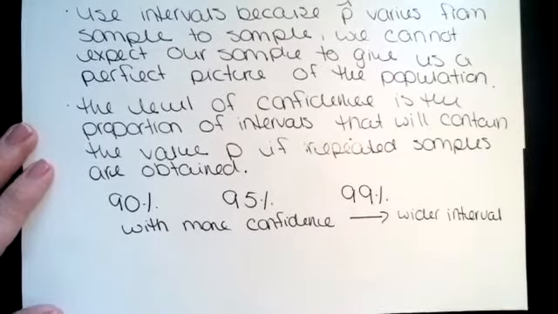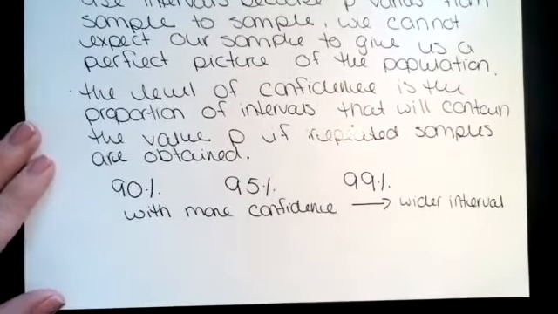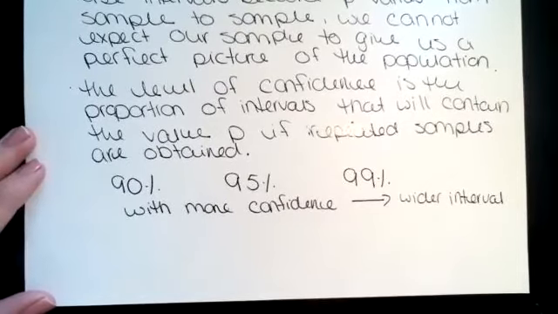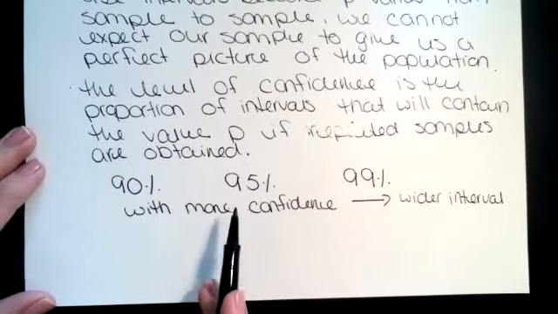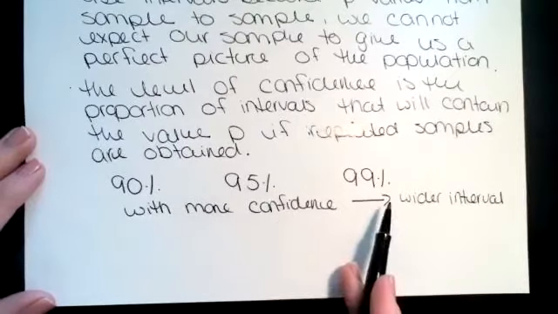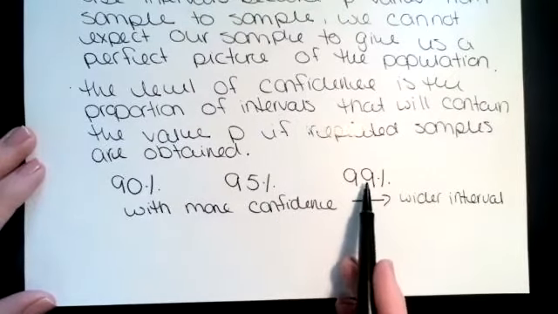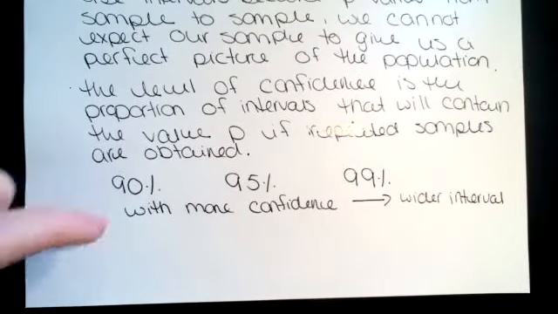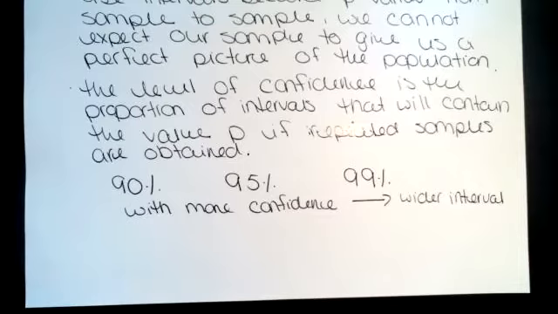And you're never going to feel more confident with your sample. You're always hoping that your sample is a good sample, meaning there are no outliers and things like that to throw it off. So confidence level is truly just how wide your interval is. The higher the number, the wider the interval. It's a hard concept for people to understand. They always think that feeling better about the calculation means a wider interval with a lower number. And that's not what it is. Okay.